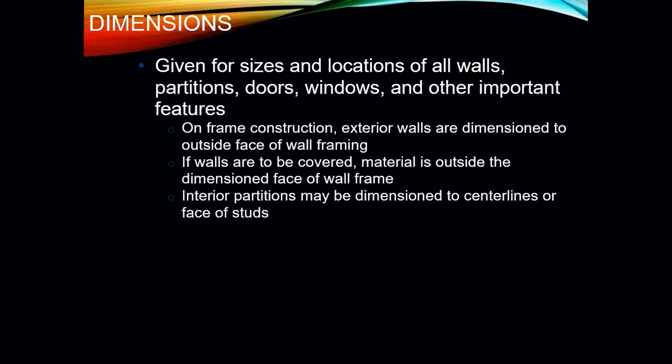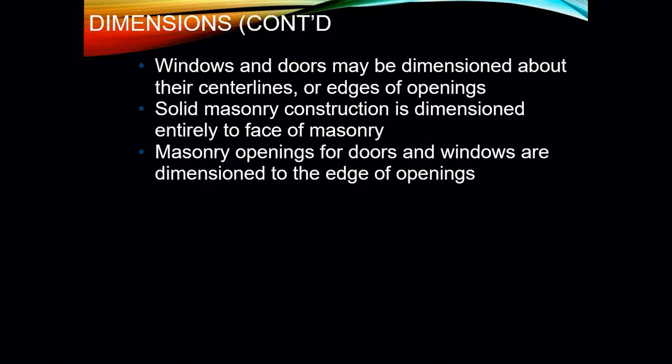Okay, interior partitions may be dimensioned to center lines or face of studs, depending on the actual construction of the building. Windows and doors may be dimensioned about the center lines or edges of openings.